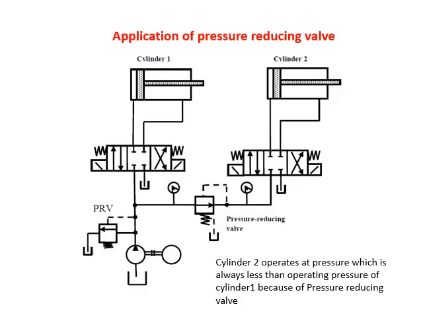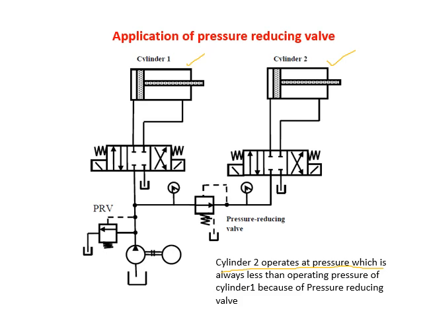Now this pressure reducing valve is mainly used in a hydraulic press, where two different operations are performed at two different forces, or significantly different forces are required for two different actuators which are connected in the same circuit. Here you can observe that cylinder 2 operates at a pressure which is always less than the operating pressure of cylinder 1 because of the pressure reducing valve.